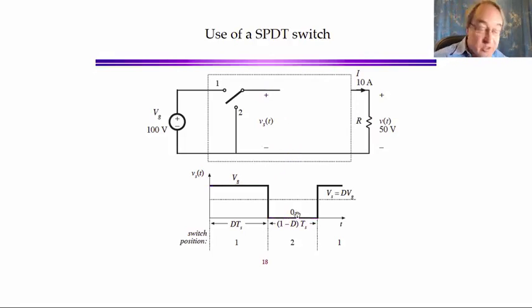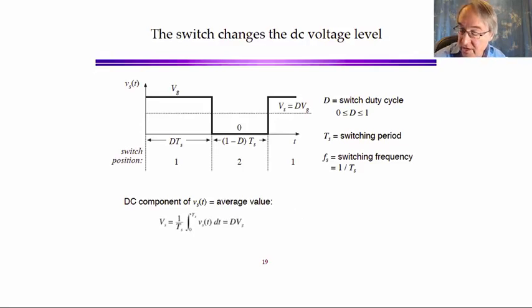Okay, what do we accomplish with this? Well, the switch changes the DC voltage level. So here is this actual waveform coming out of the switch. We can use Fourier analysis to find its DC component, and you may recall that the DC component of a waveform is found by integrating the waveform over one period and then dividing by the period.